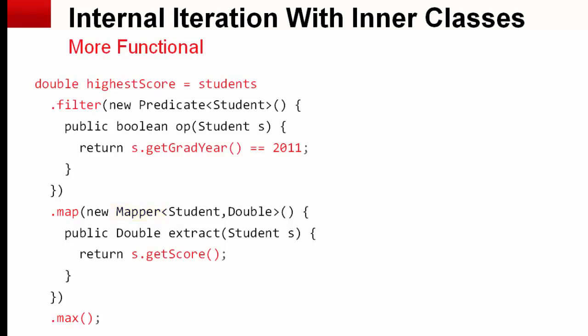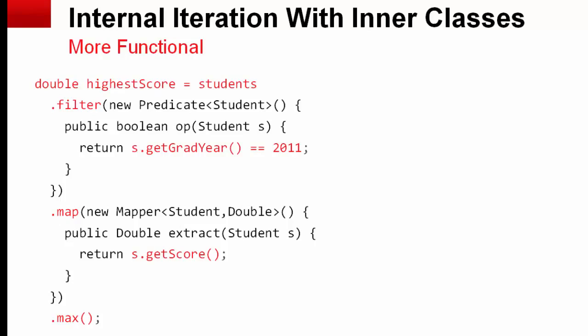And in this case, it has a single method called extract, takes a student S as a parameter and returns a double. For this, we take the collection of students who graduated in 2011 and we convert that into a collection of records of the scores of those students.